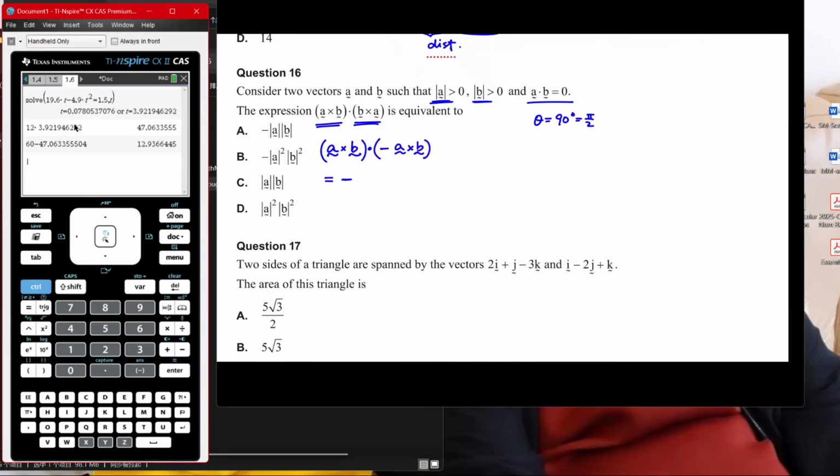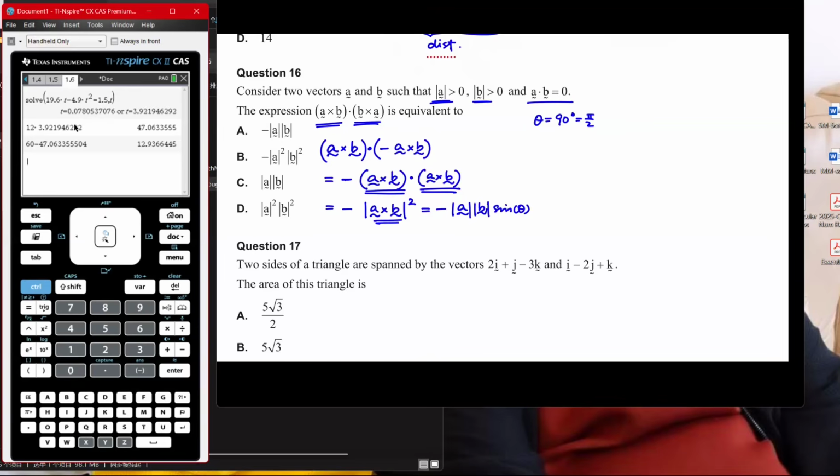So you can bring out a negative, and you get A cross B dot A cross B. A dot product between the same vector will be the magnitude of this vector squared. And this will be minus magnitude A, magnitude B, sine theta.